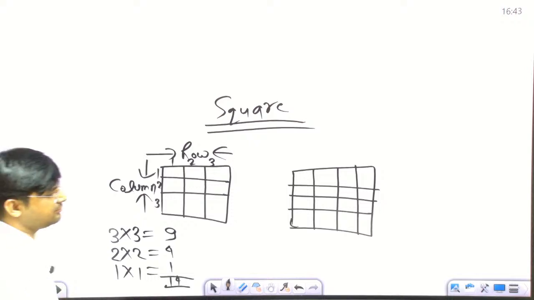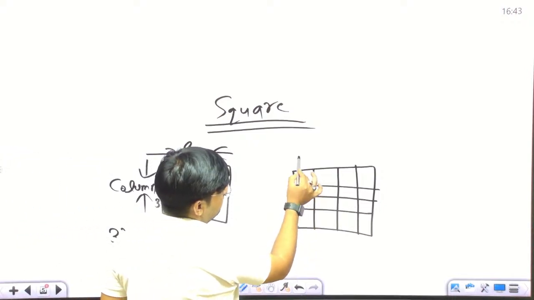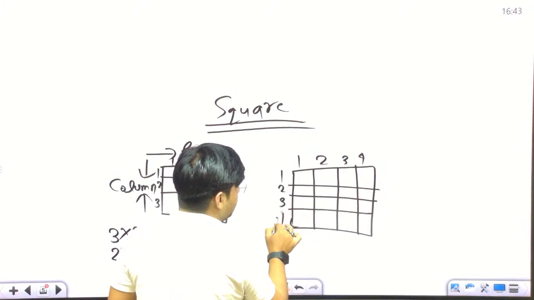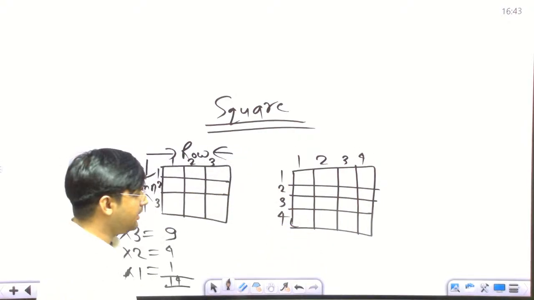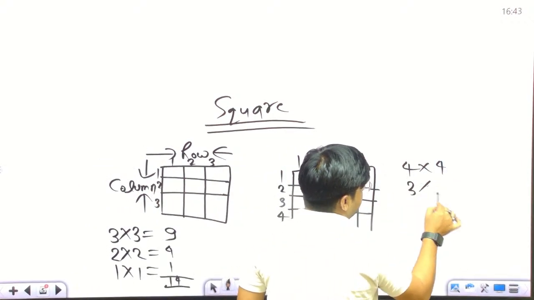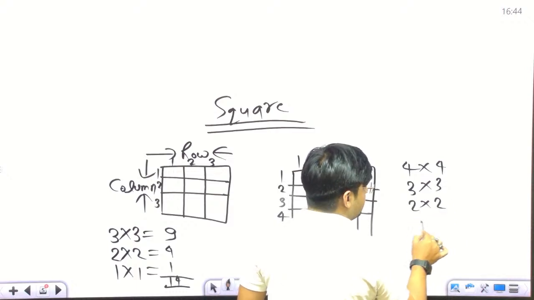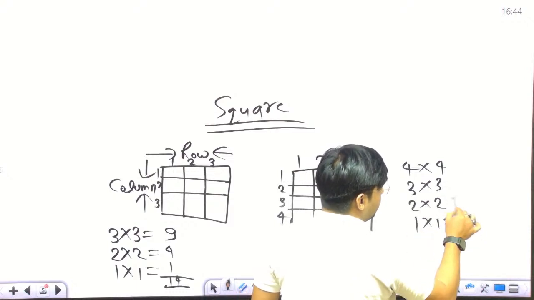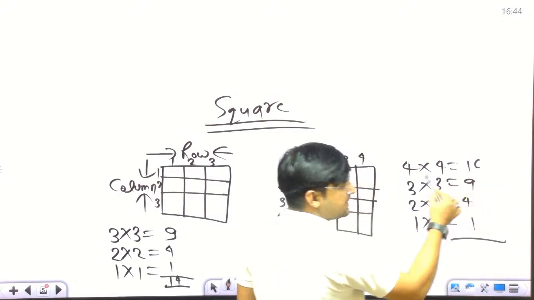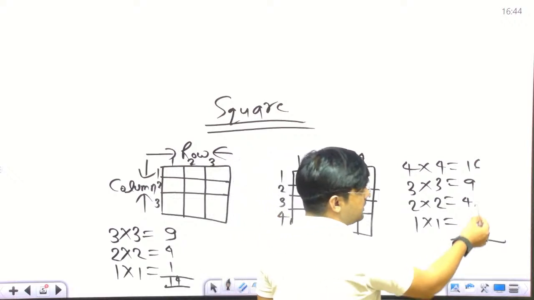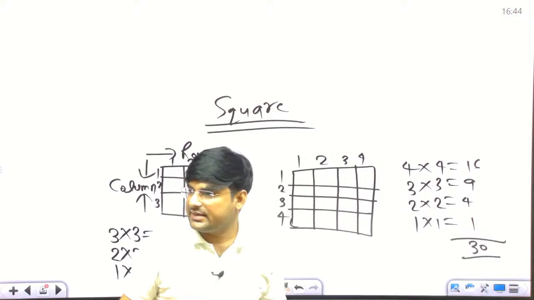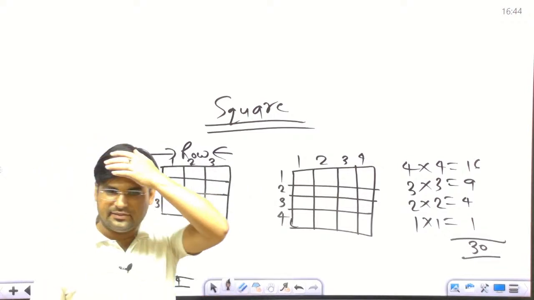Let's see. How many rows in this figure? 1, 2, 3, 4. 1, 2, 3, 4. 4 into 4 and 3 into 3, 2 into 2 and 1 into 1. 1, 4, 9 and 16. 16 plus 9, 25. 25 plus 4, 29. 29 plus 1, 30. There are 30 squares in the figure. Clear?